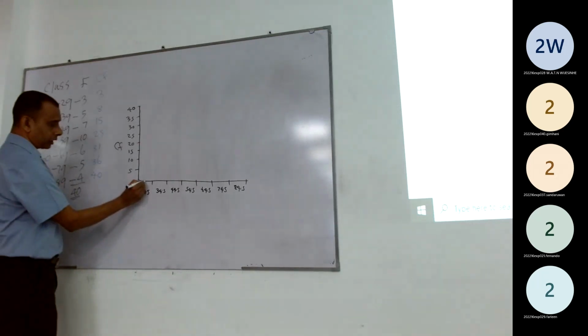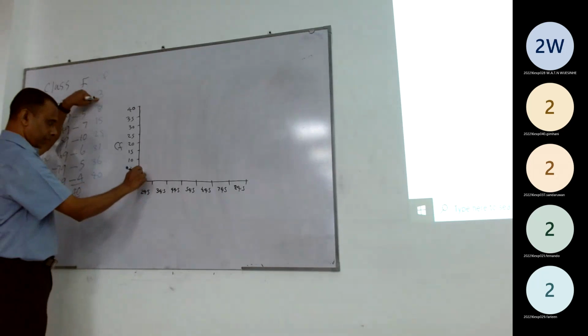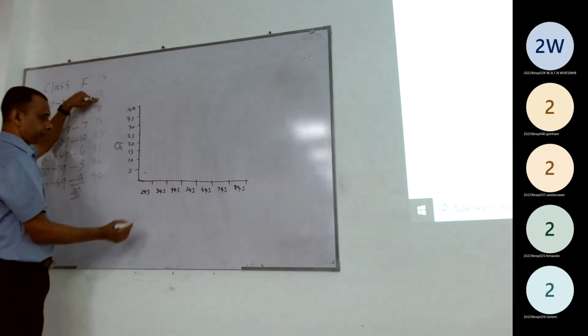Right, from the mid point I mark mid point 3. Approximately you can take 3 here.